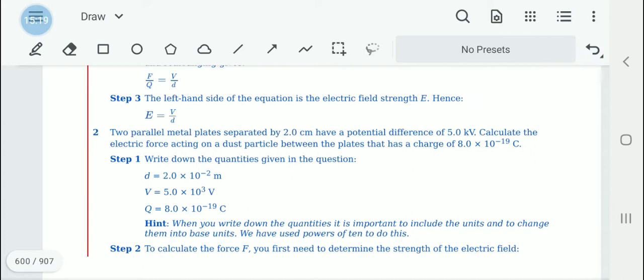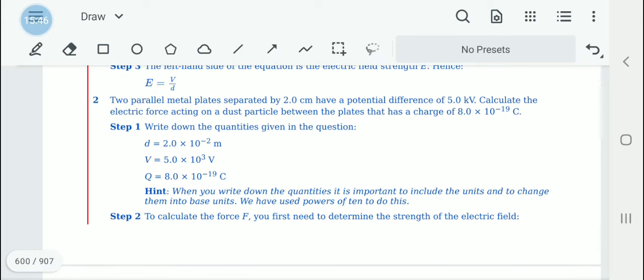So we have to take the values in their base units, right? So 2 centimeters, we have to convert that into meters. Then the separation is 2 into 10 to the power minus 2 meters. Then the voltage they have given is 5 kilovolts, you multiply that by 1000, so 5 into 10 to the power 3 volts. And then the charge Q is given in coulombs, therefore you can write it as it is.